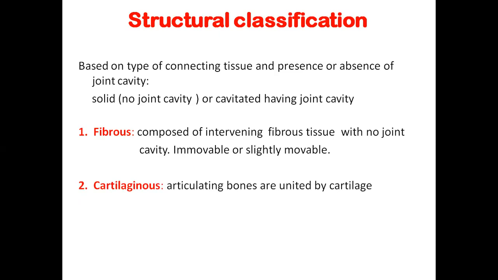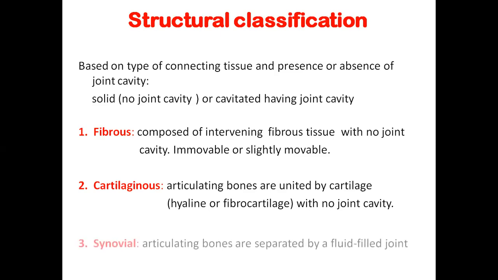Cartilaginous joints are also solid joints, meaning they have no joint cavity between the ends of the bones, but the articular bones are united by cartilage, which may be hyaline cartilage or fibrocartilage. These are two types of cartilages with no joint cavity between the articular surfaces of the bones forming the joint.